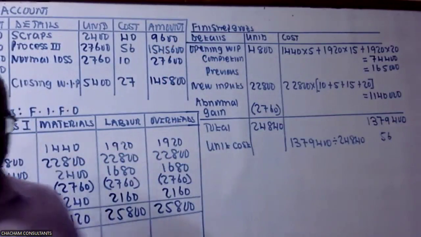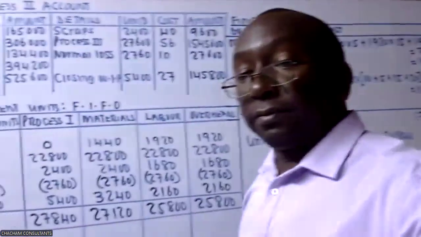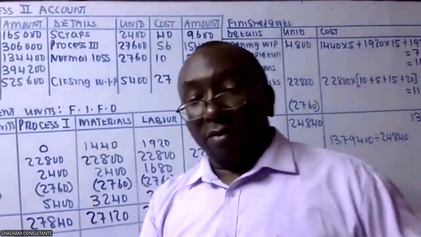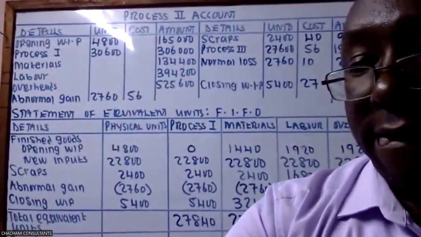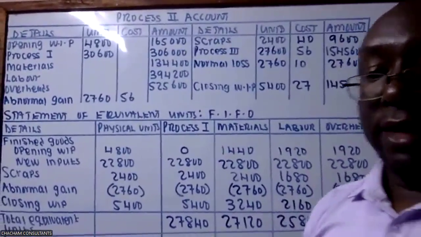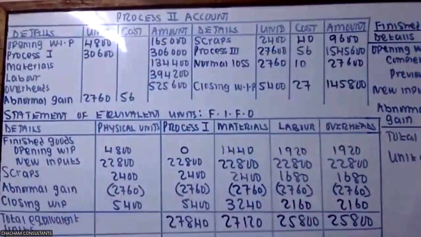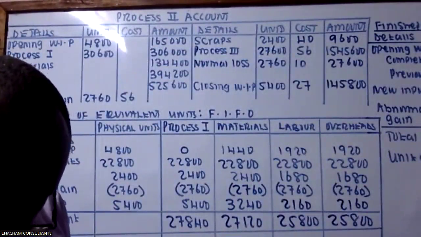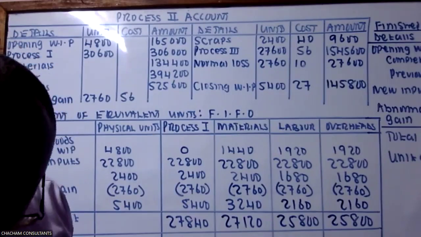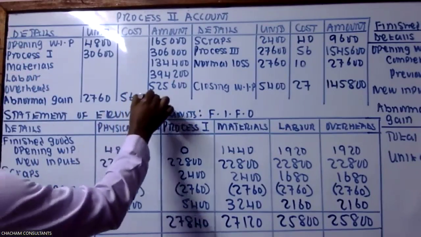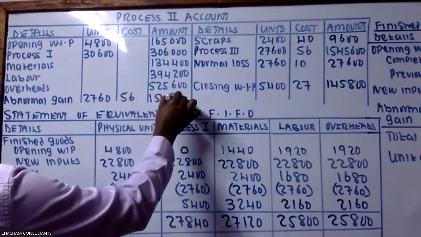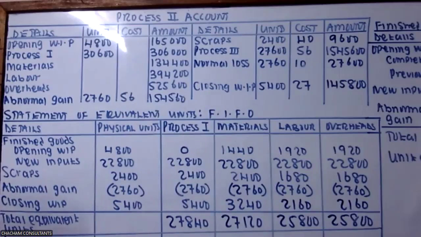For abnormal gain, 56 times 2760 is 154,560. Yes, that's how we handle FIFO.